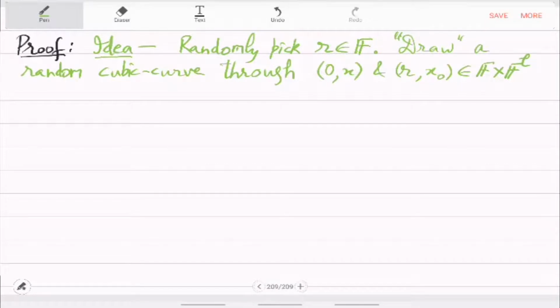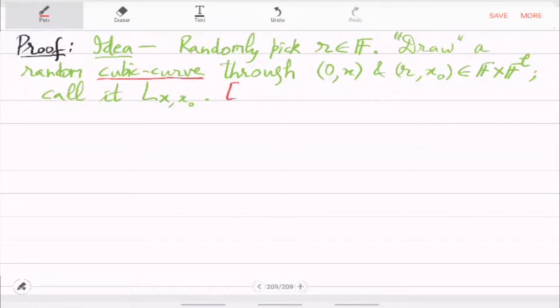Basically, x and x0 are given. You want to associate x with 0 and x0 with something random, which is r. So a random cubic curve through these two, call it L of x comma x0.